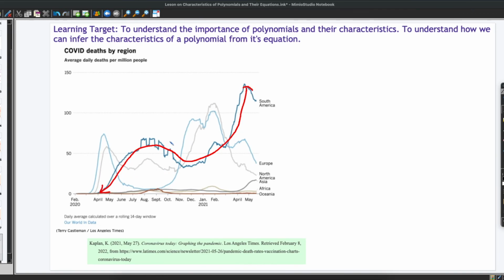So if I wanted to model and make predictions within this range, I could use a cubic regression model. I could try and make this thing match cubic, right? If you were particularly interested in maybe just the dip that happened from May up to November, you might model this section with a quadratic, right?